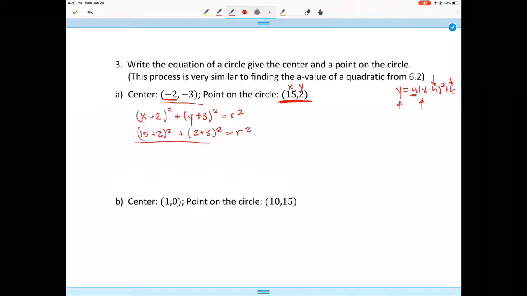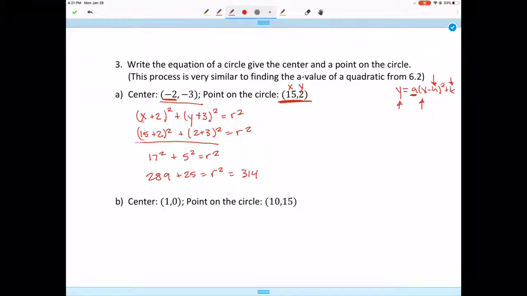You can plug this straight into your calculator, or you can simplify it. Like here you'd get 17 squared plus 5 squared equals r squared, and then 17 squared is 289 plus 25 equals r squared, and 289 plus 25 is 314.